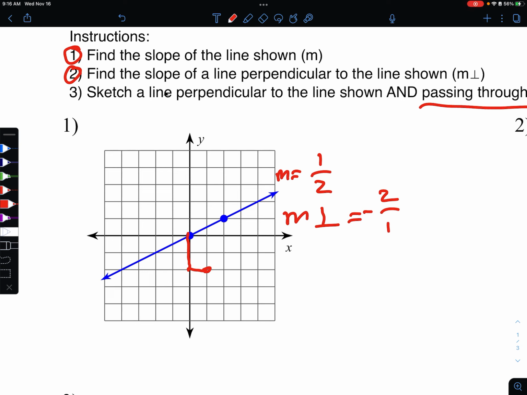I could keep doing it if I need more, or I can go up to, and over 1 right there, up to, over 1. I don't need to keep doing all that, but my line is going to go through all of those. So I'm going to draw the line. Oops. So here's the line. I'll hold it there. So that's the line.